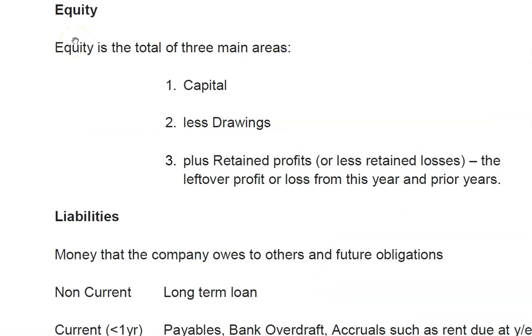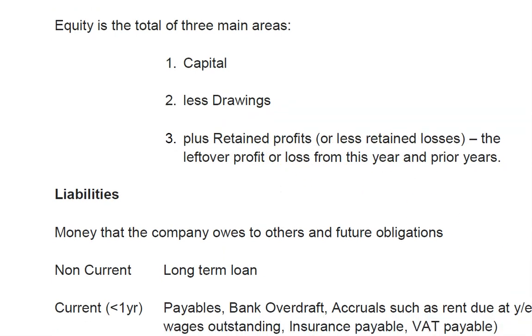Remember the statement of financial position or the balance sheet, you list your asset accounts, then your equity accounts, and we normally, at this level of your studies, have only three types of equity accounts. Capital, which is the owner's investment in the business, less drawings, which are resources that the owner has taken out of the business, plus any retained profits, or less if there are retained losses.